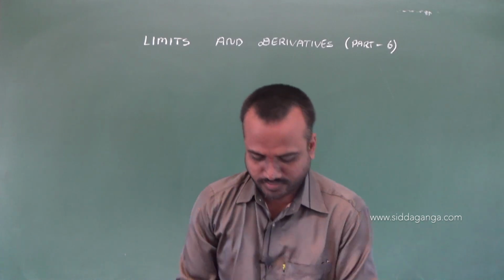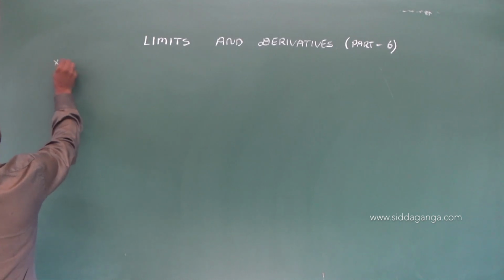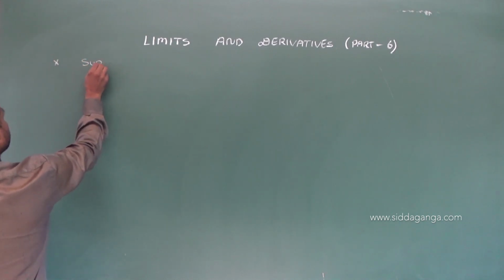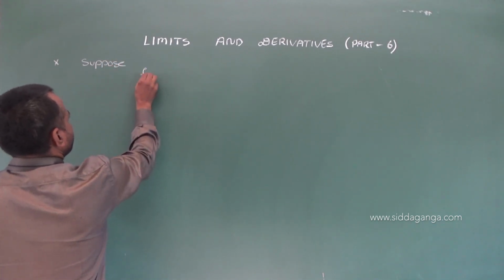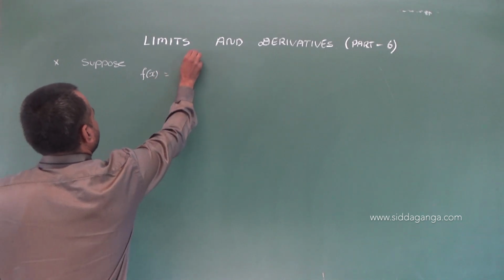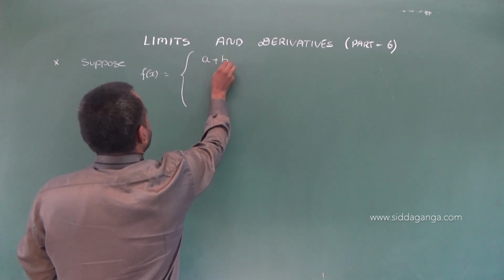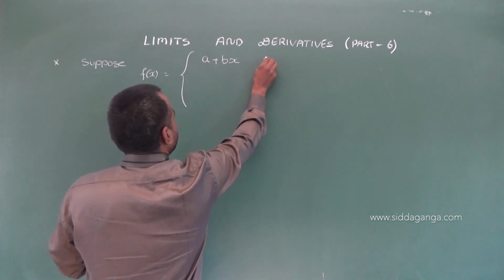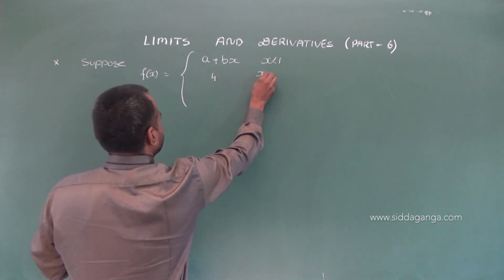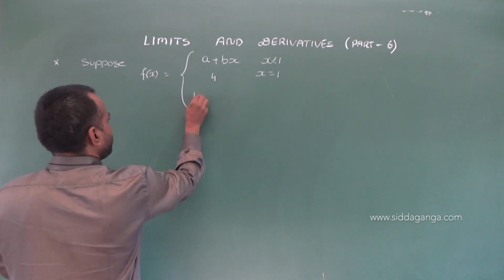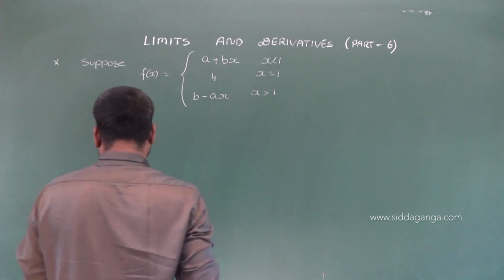Next problem is a very important problem. Observe here. He has given a function f of x equal to a plus b into x for x less than 1, 4 for x equal to 1, and b minus a into x for x greater than 1.